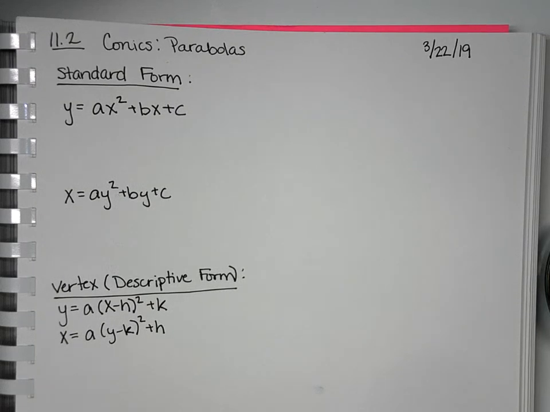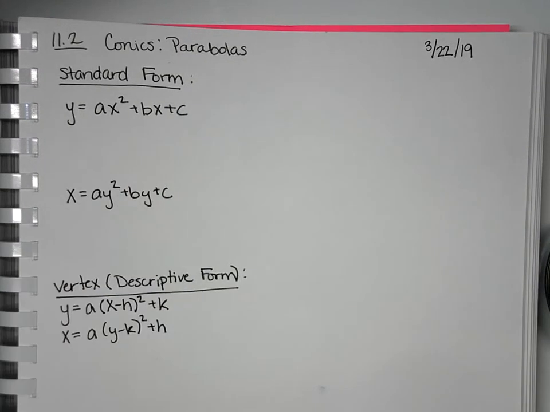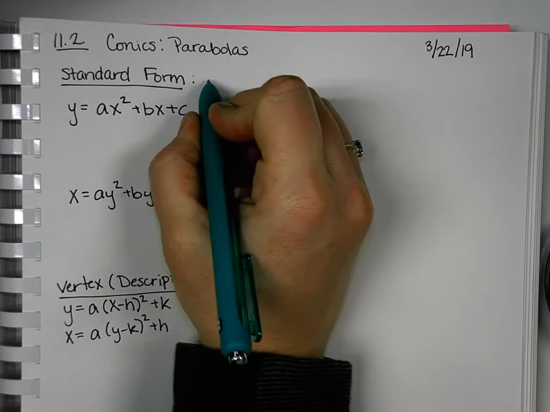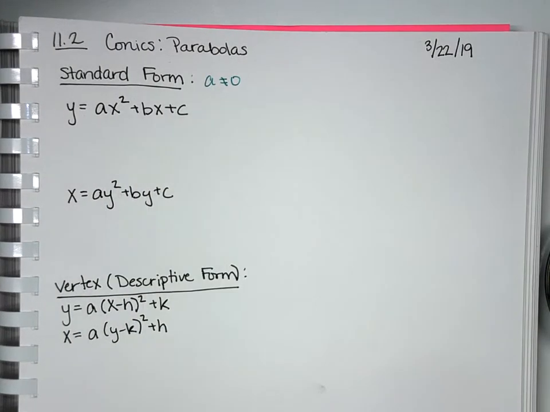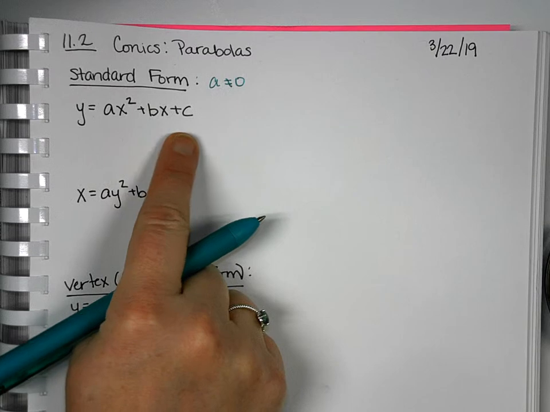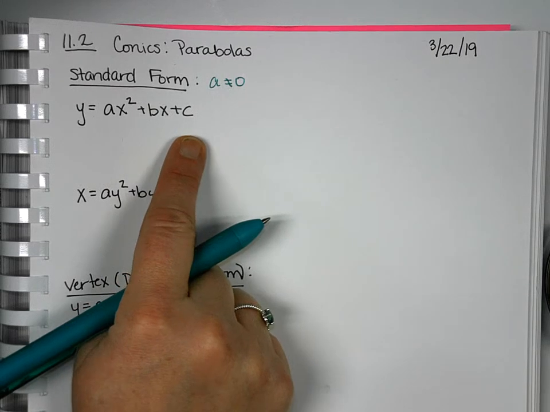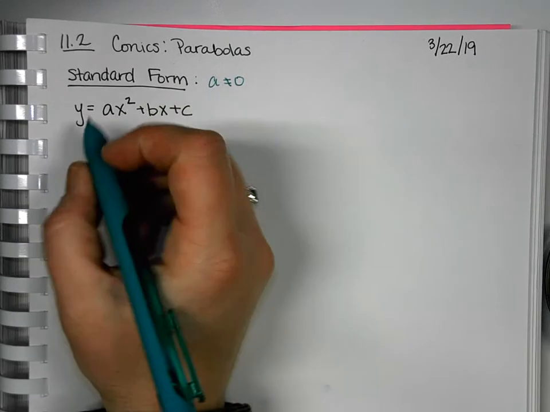So we have two forms that we can write a parabola in. The first one is standard form, and the key thing with standard form, a cannot equal 0, because if a is 0, we don't even have a quadratic. So our first form, y equals ax squared plus bx plus c, that's your basic standard form for a parabola.